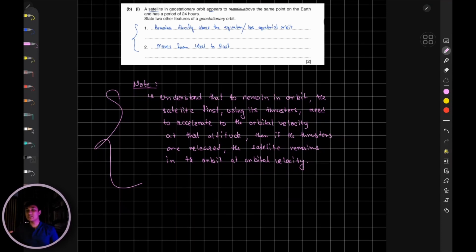Therefore, there needs to be a thruster that provides that force and puts the satellite at that orbital velocity such that once it is reached, the satellite can orbit around Earth, since the Earth is going to provide the exact amount of force towards the center. So you have the two factors ticked off: first, the orbital velocity. Second, the centripetal force is provided by the Earth's gravity.